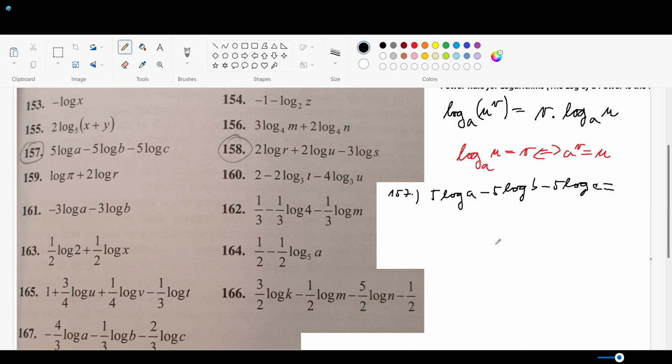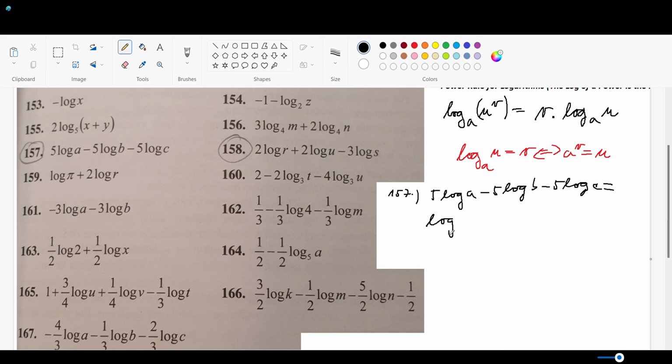If you are quite familiar with these expressions, you can write the solution by just looking.